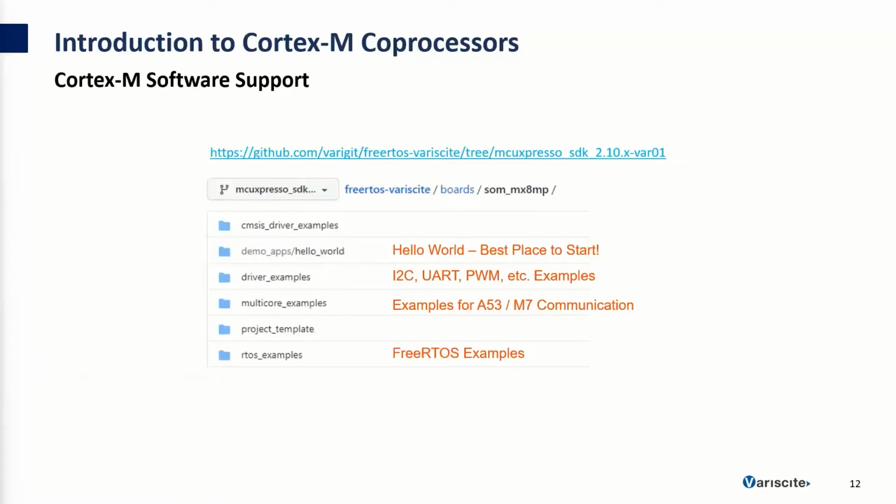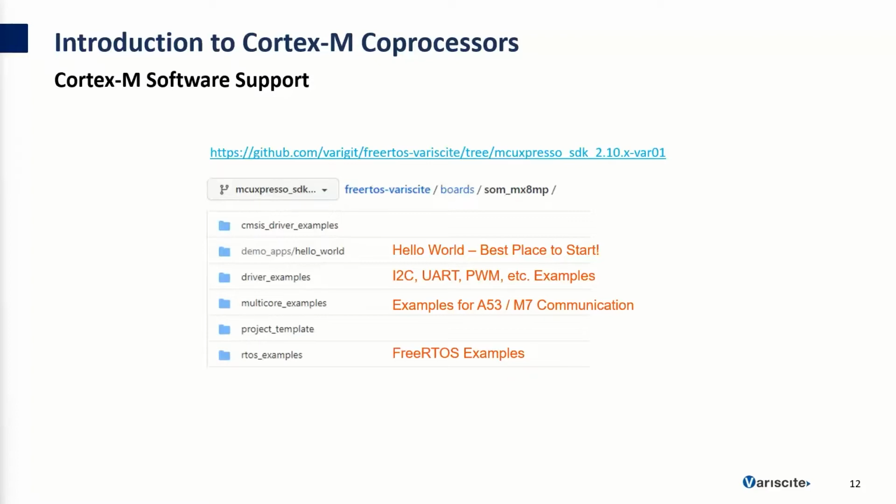Regarding software support, Variscite provides a GitHub repository, which is based on NXP's MCUXpresso SDK. The repository contains example projects for each of Variscite's SOMs. Each project is created by NXP for NXP's evaluation kits and then ported by Variscite for Variscite's kits.